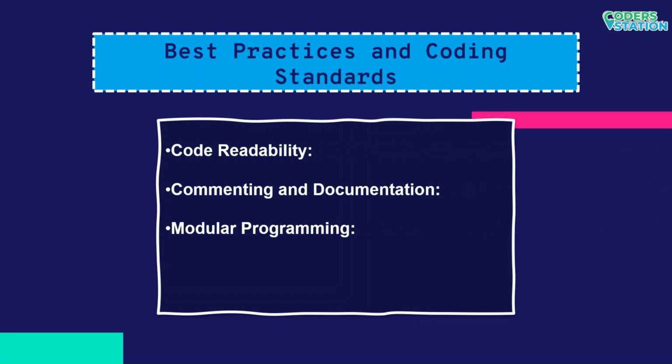The third is modular programming. Practice modular programming by breaking down your code into smaller reusable functions or modules. Fourth is code optimization techniques. Optimize your code for performance by avoiding unnecessary computation, using efficient algorithms, and considering memory usage.